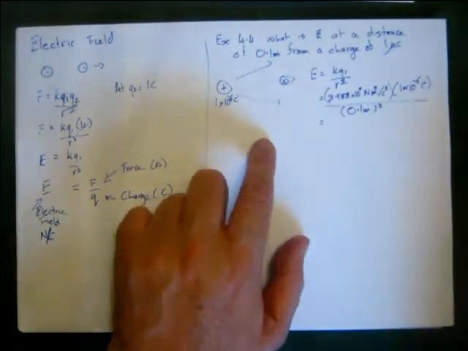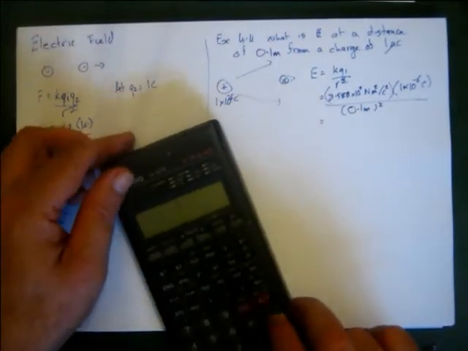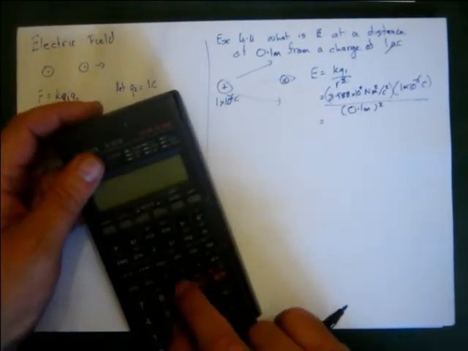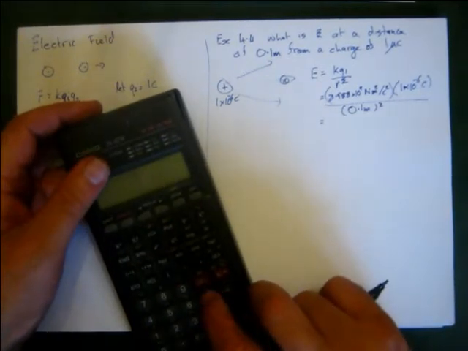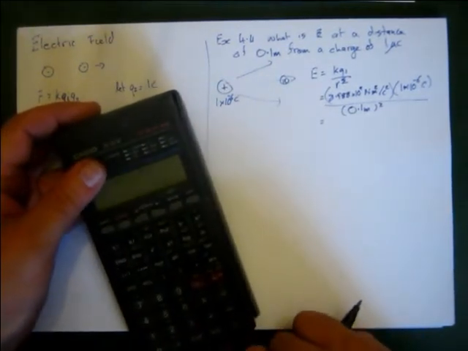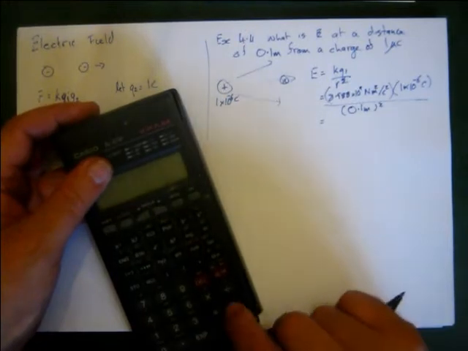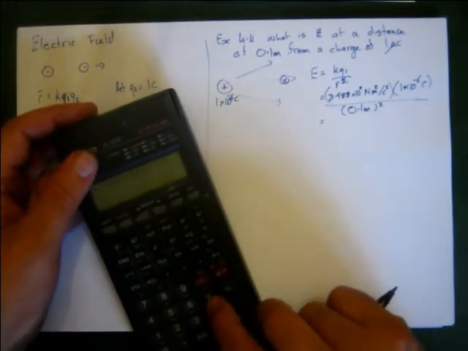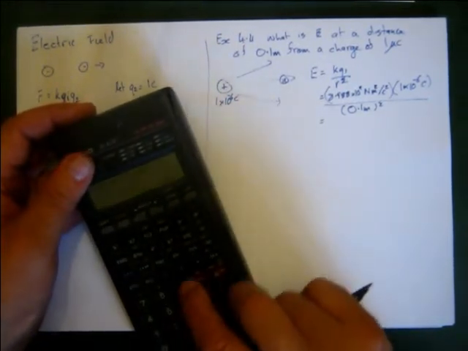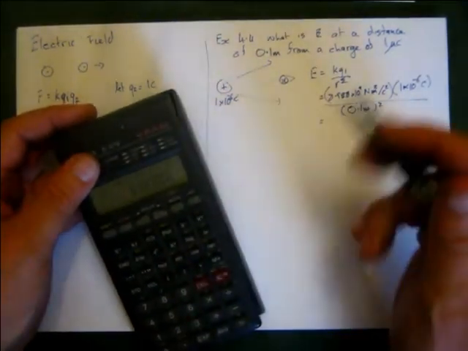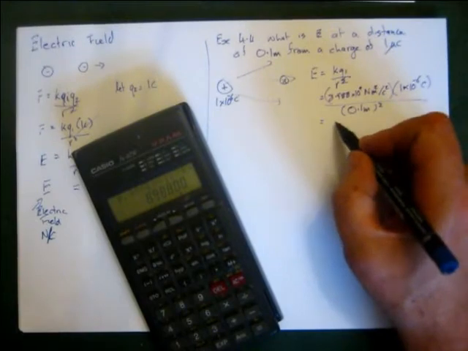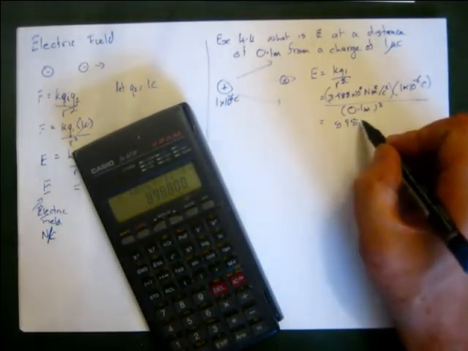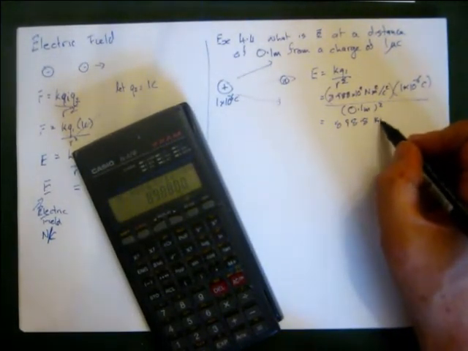We stick that into our calculator. 8.988 times 10 to the 9, times 1 times 10 to the negative 6, divided by 0.1 squared equals, what's that? 898.8 kilonewtons.